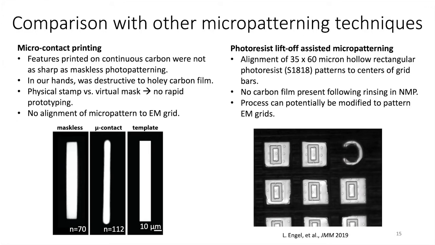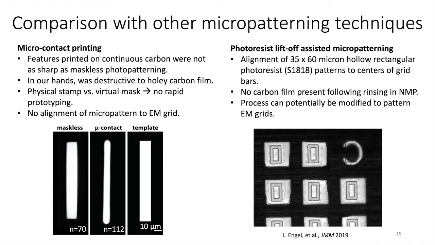When it comes to photoresist liftoff assisted micropatterning, we were able to successfully perform the first phase, which is photolithography. So what you can see is alignment of these rectangular photoresist patterns to the center of the grid bars. In the photoresist liftoff assisted micropatterning technique, PLL-g-PEG would be deposited, and then the photoresist would be removed in an organic solvent called NMP.